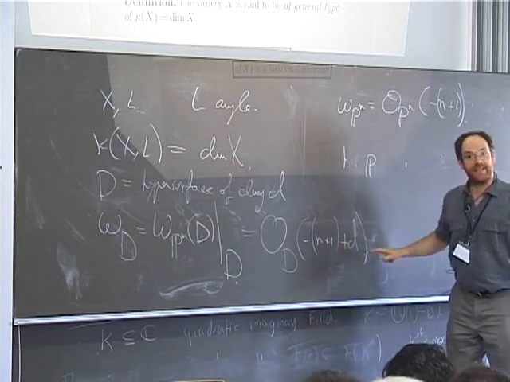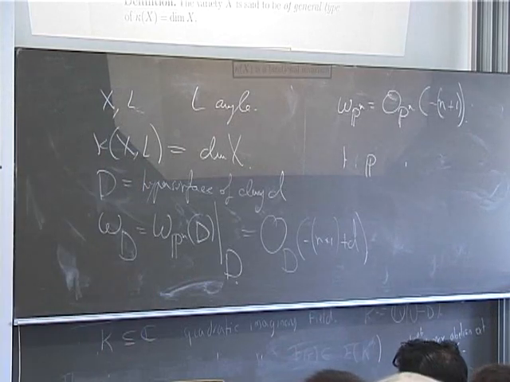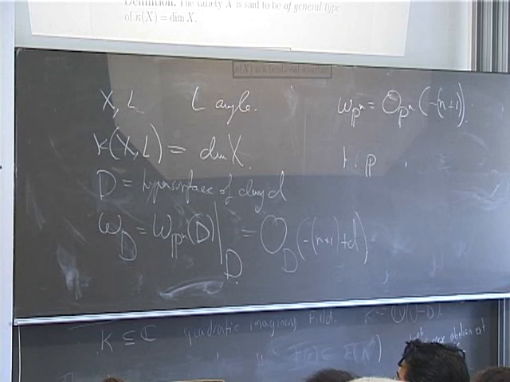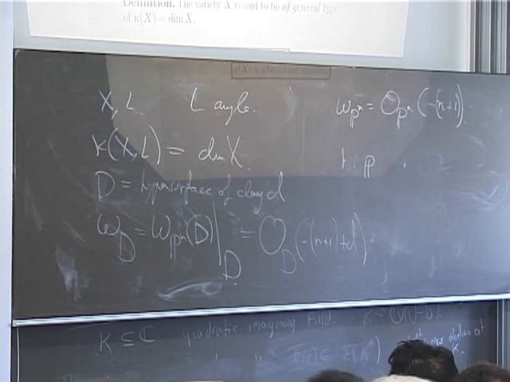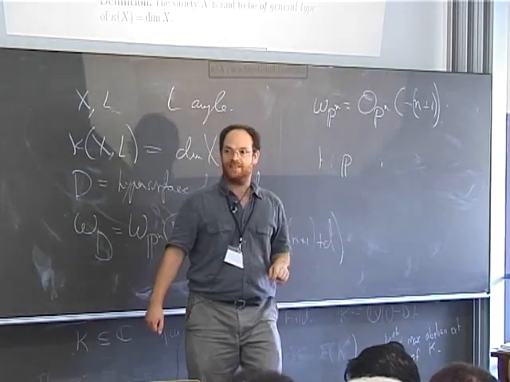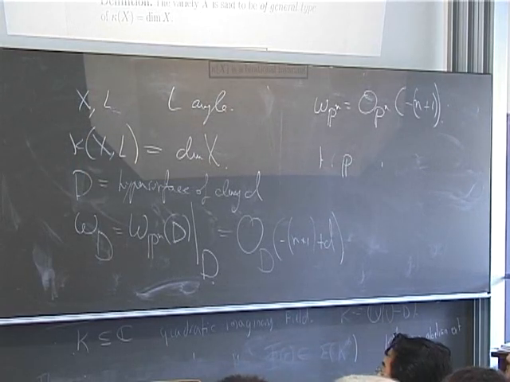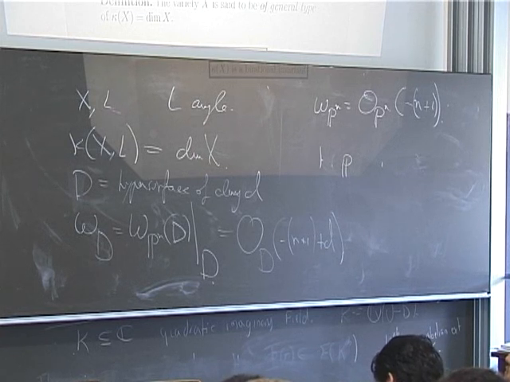So we can read immediately out of this what the Kodaira dimension is. If d is bigger than n plus 1, then this is ample. Therefore, the Kodaira dimension is n minus 1, the dimension of D. If d is equal to n plus 1, like a cubic in the plane, because the canonical sheaf is trivial, the Kodaira dimension is 0.